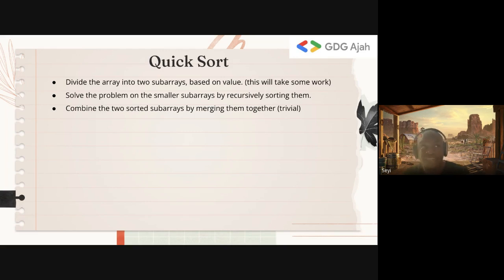By doing that, we divided the array into 2 parts. Now we can recursively sort each part and combine the results. It's almost the same as merge sort, but that's the distinction. The work in quicksort happens in the divide phase. The work in merge sort happens in the combine phase.